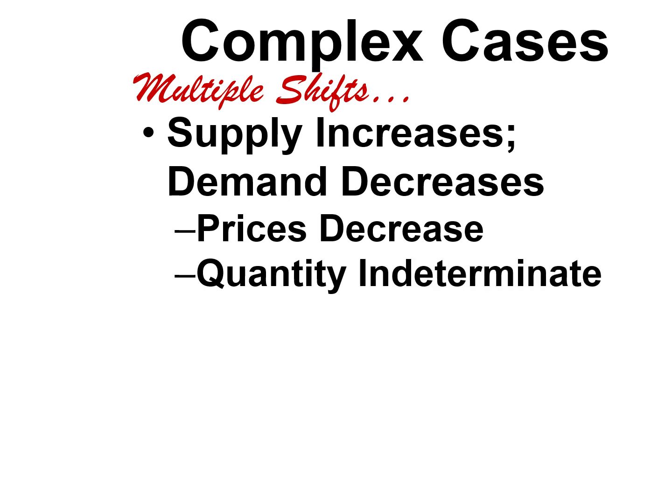So we have 2 simultaneous events affecting the same market, one influencing supply or sellers, the other influencing buyers or demand. When that is the case, one of our variables, price or quantity, will ultimately have what economists refer to as an indeterminate result.